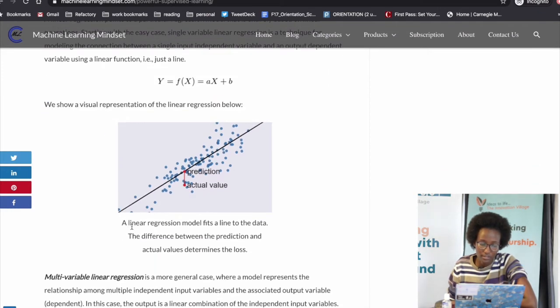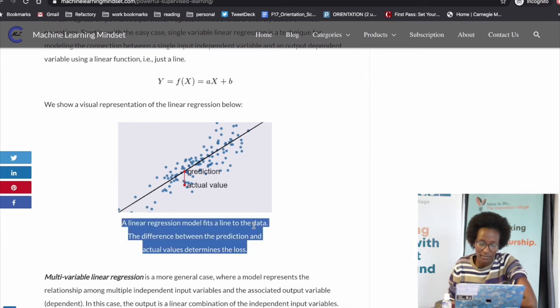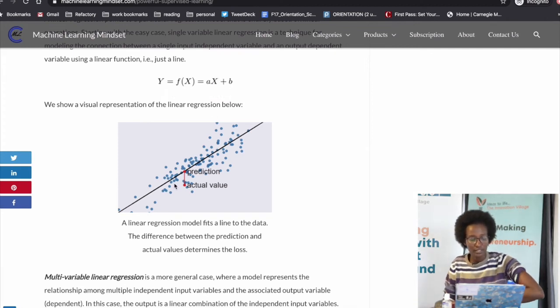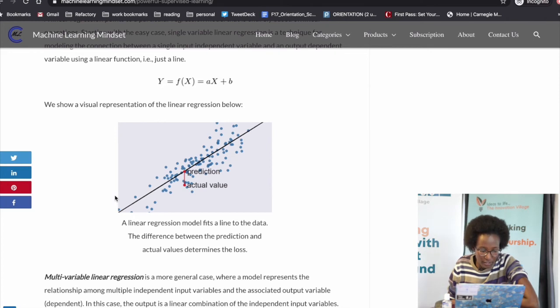All right, so a linear regression model fits a line to the data. Like I just said, you plot your data, you're like, okay, we have x and y examples where the x is maybe 2 here, and then its corresponding y is like 2.